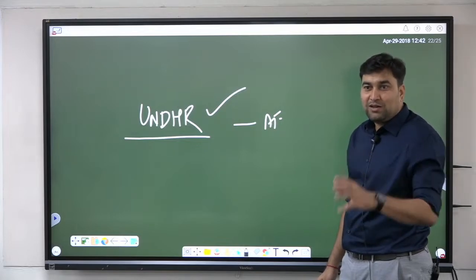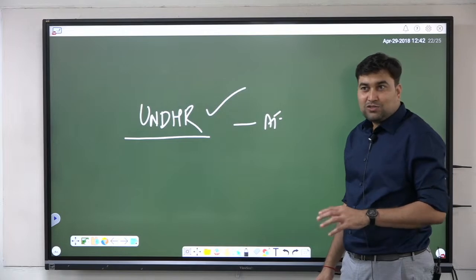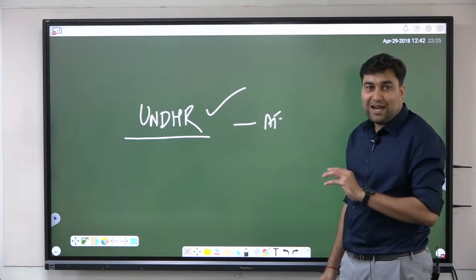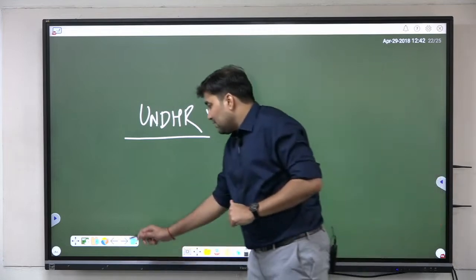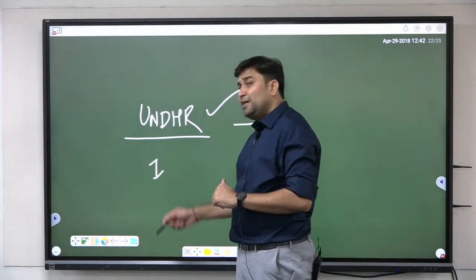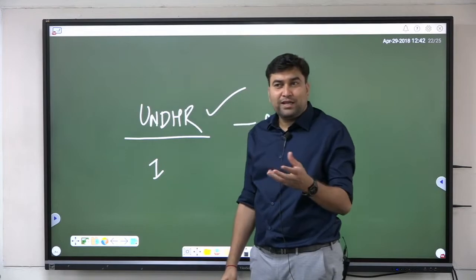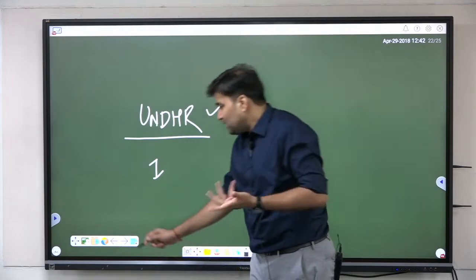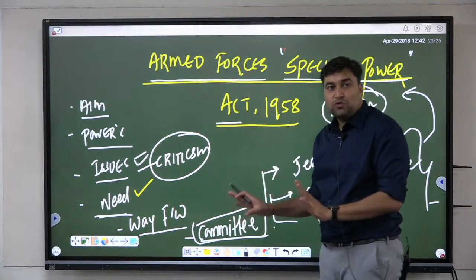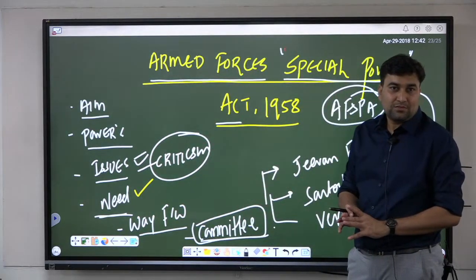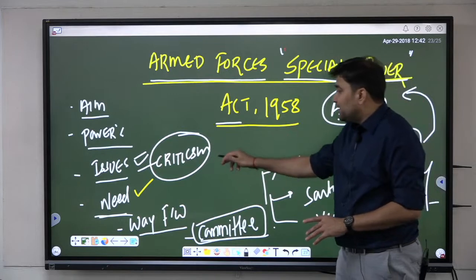So how contradictory is the situation? So this is essentially not sending a good message at the international forum also. Getting the idea? So India is also signatory to the International Covenant on Civil and Political Rights, etc. So there are multiple conventions which India is signatory to. So that is also an issue. India is violating that. So because of this, criticism is there.